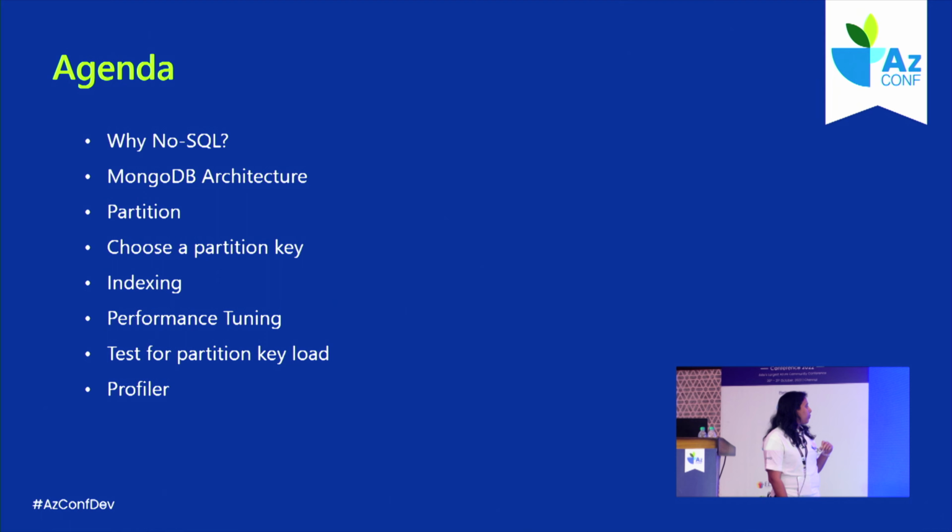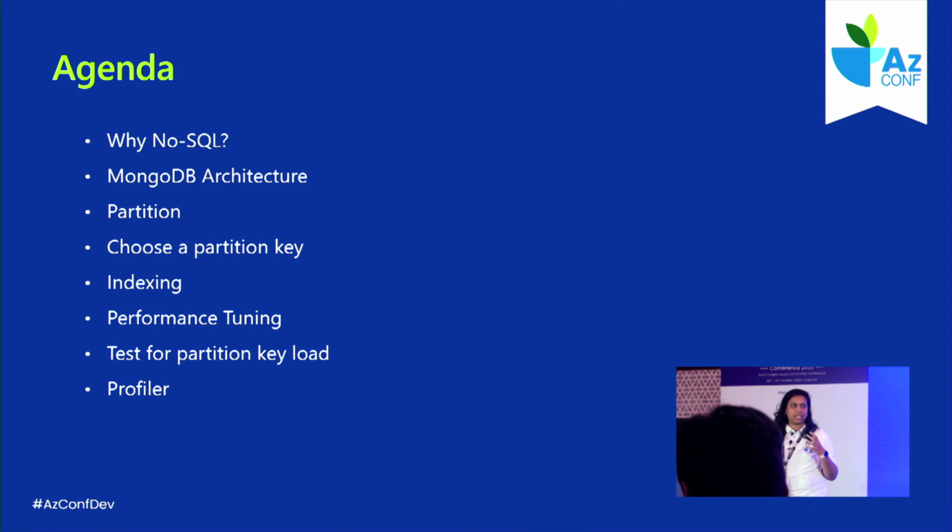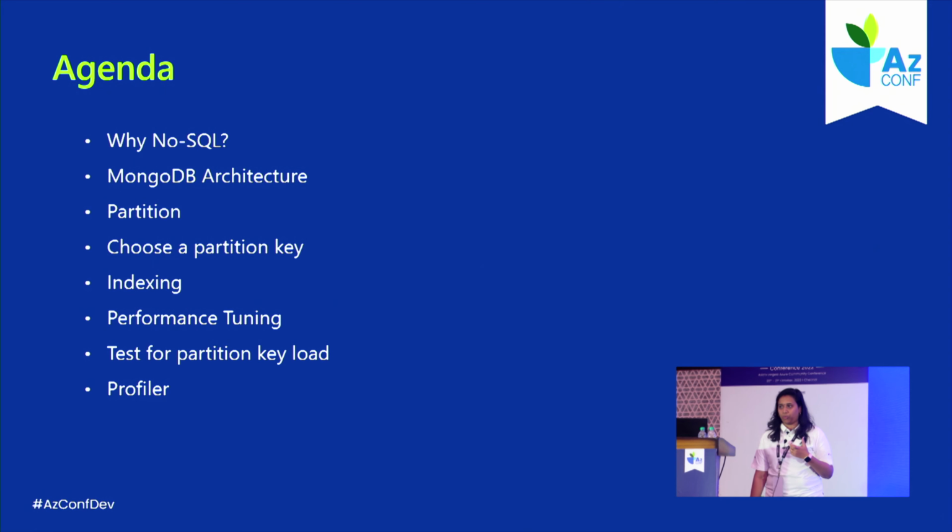We'll see what a partition is and how to do partition, because we used to say the partition key is the key factor in MongoDB. We'll see how to do that, and some of the performance tuning techniques and the profiler.